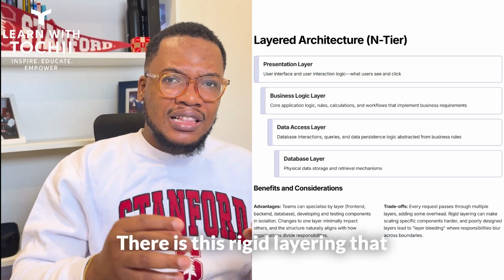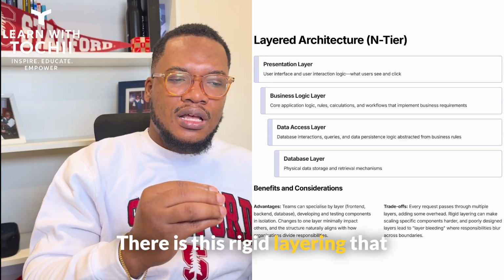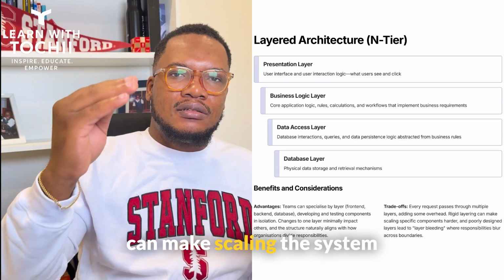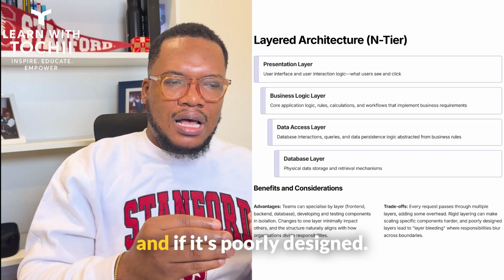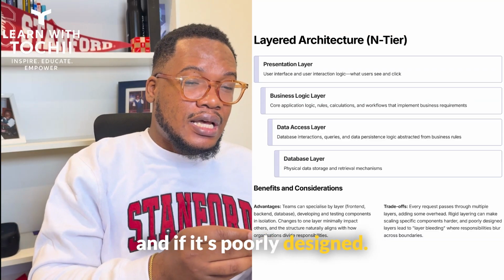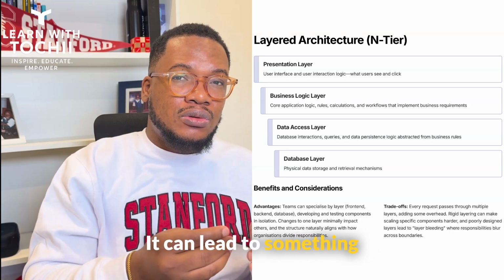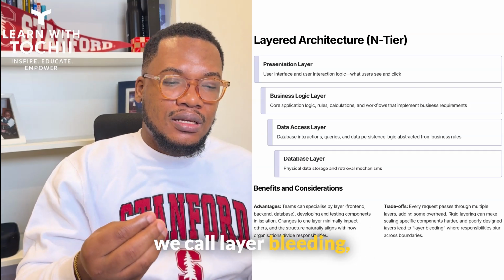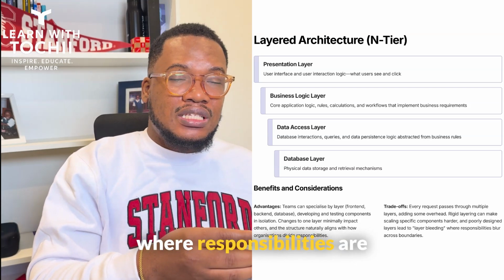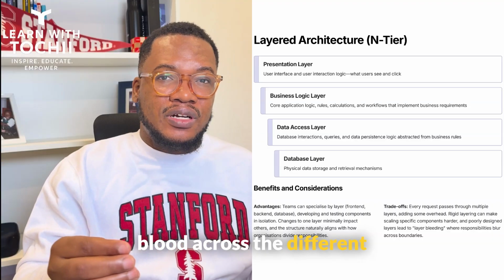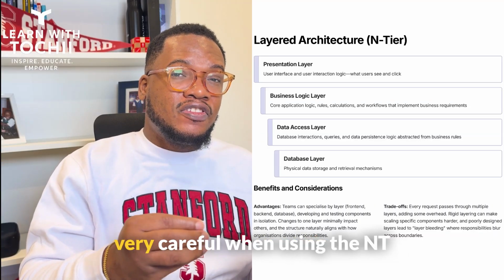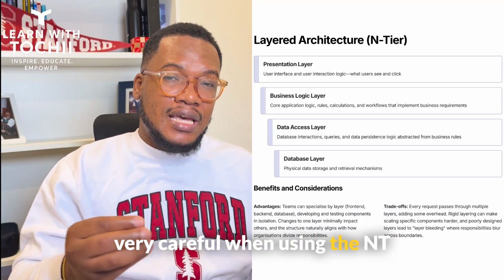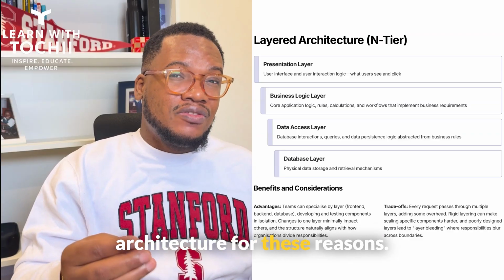There is this rigid layering that can make scaling the system components harder. And if it's poorly designed, it can lead to something we call layer bleeding, where responsibilities are blurred across the different boundaries of your system. And so it's really important to be very careful when using the N-tier architecture for these reasons.